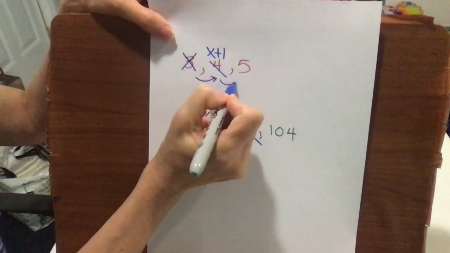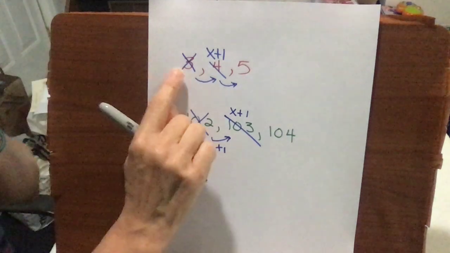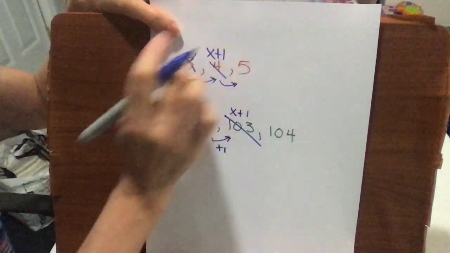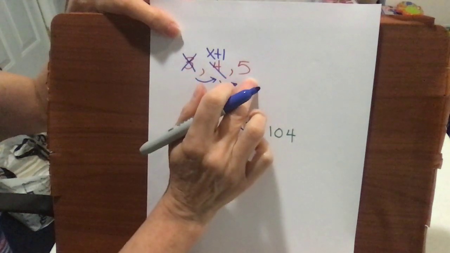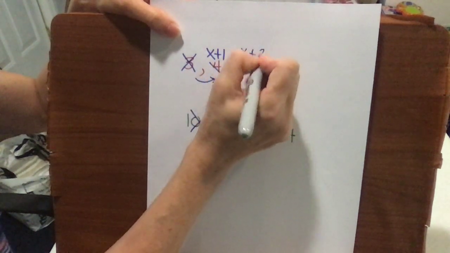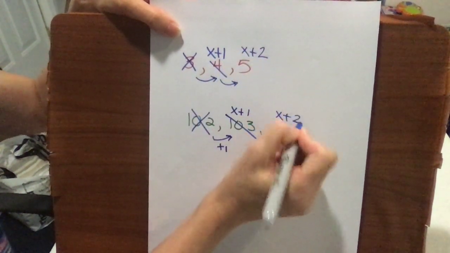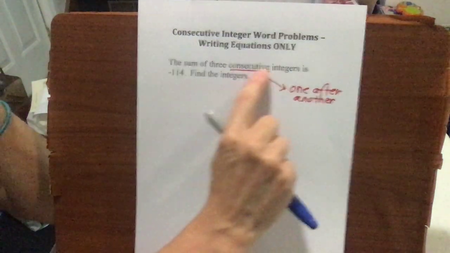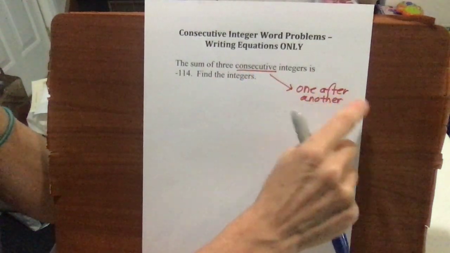Everything's based on your first integer. How do we get from 3 to 5? We add 2. So how do we get from x to the third consecutive integer? We add 2. So consecutive means one after another.